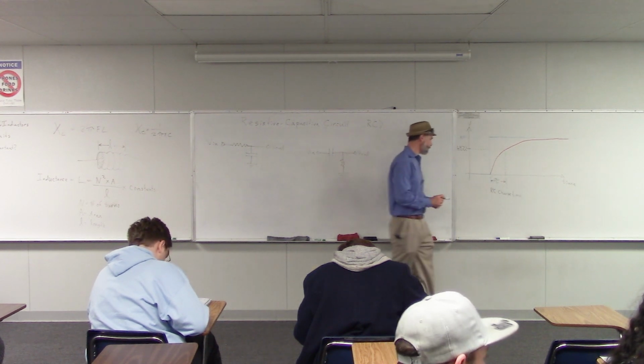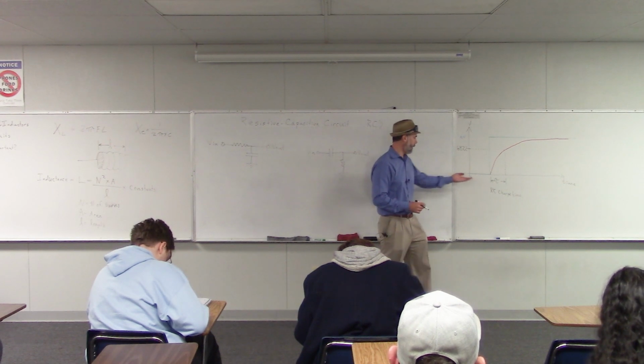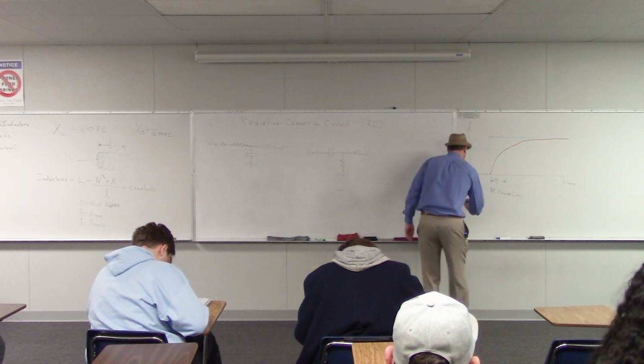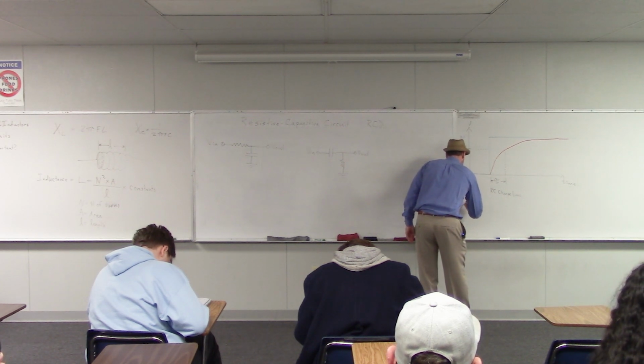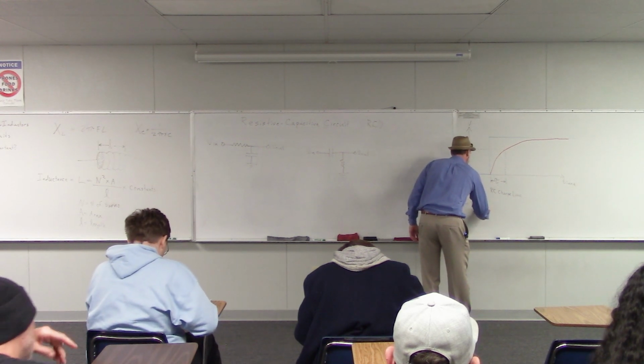And it turns out there's a convenient way to calculate what that will be. Tau, this RC charge time, just equals R times C, the resistance times the capacitance.